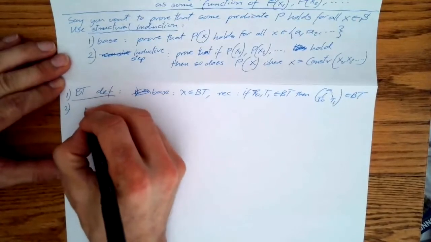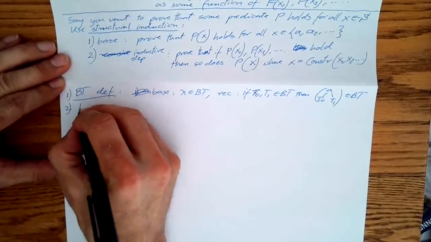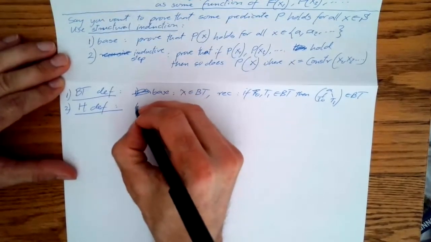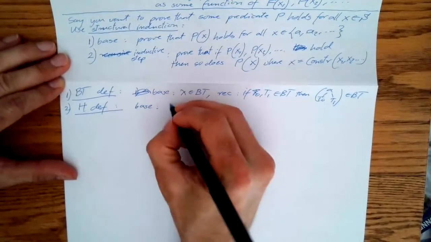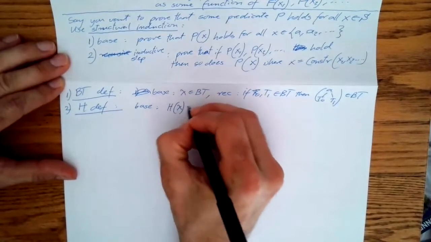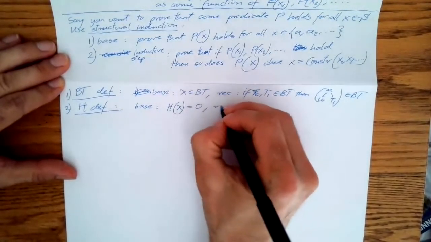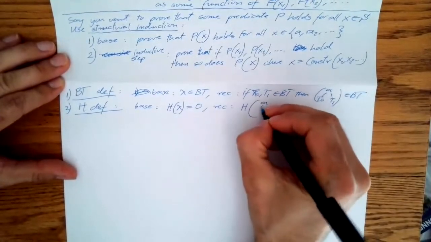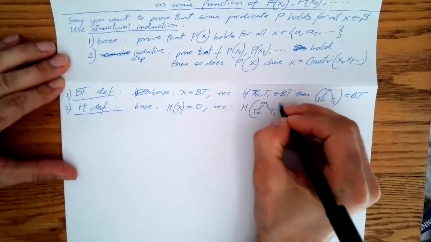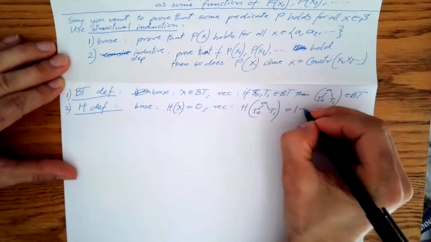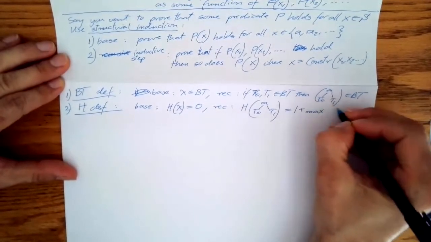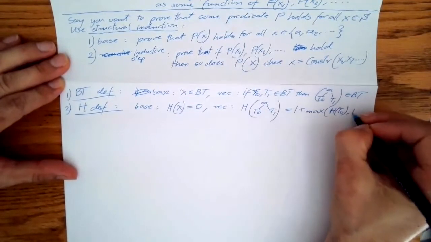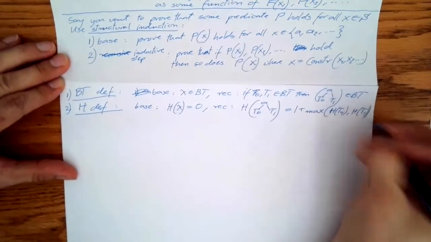Now I have a recursive definition of a height function, and that worked like this. Height of an empty tree was 0, and the recursive case: height of a recursively defined binary tree was 1 plus the max of height of T0, height of T1.